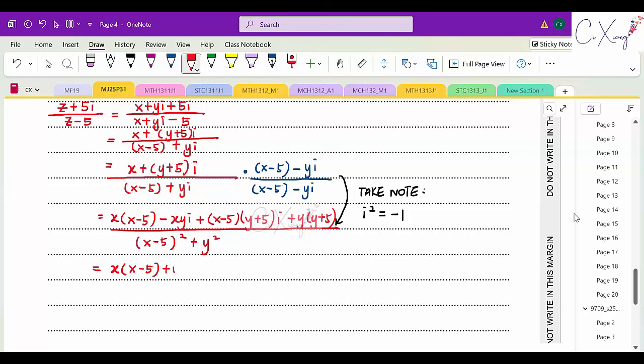This is the real part without the i one, then divided by this. After that, I group the imaginary part.